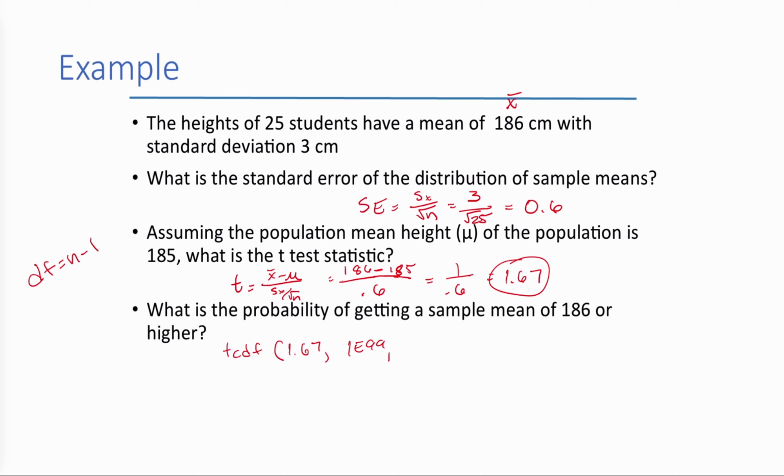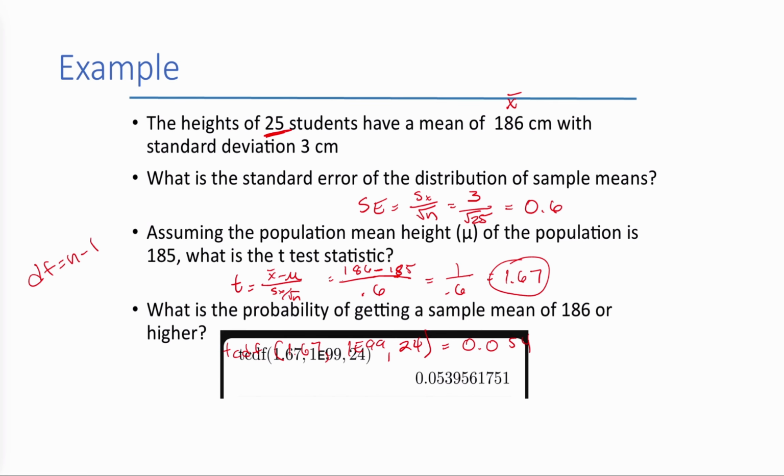Our n is 25, so our degrees of freedom is 24. You put that into your calculator, and it's going to give you a p-value of 0.54, which means we would fail to reject the null at the alpha equals 0.05 level. And there's your tCDF.